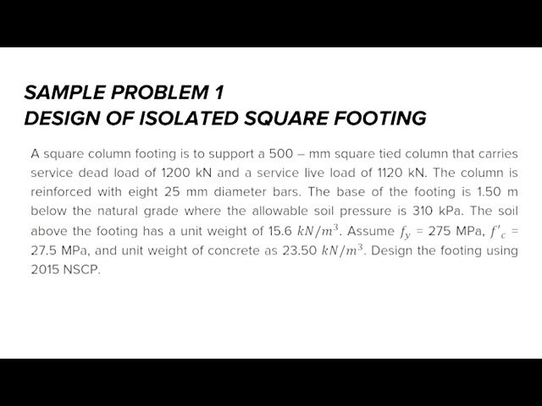The soil above the footing has a unit weight of 15.6 kilonewton per meter cube. Assume that Fy, the yield strength of reinforcing steel, is equal to 275 megapascal. F prime c, or the 28-day compressive strength of concrete, is equal to 27.5 megapascal, and the unit weight of concrete is 23.5 kilonewton per meter cube. Design the footing using 2015 NSCP.